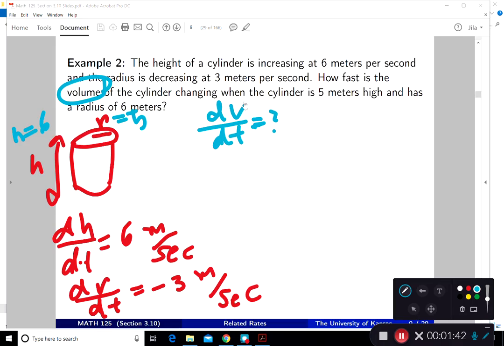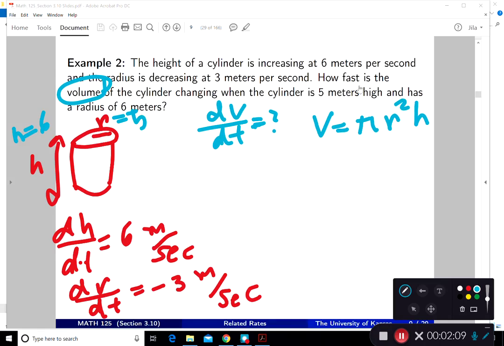What are the parameters that I know, and I have the rate of change, and they are h, r, and I want to know V. So I have to relate these quantities together. V for the cylinder is pi r to the power 2 times h.